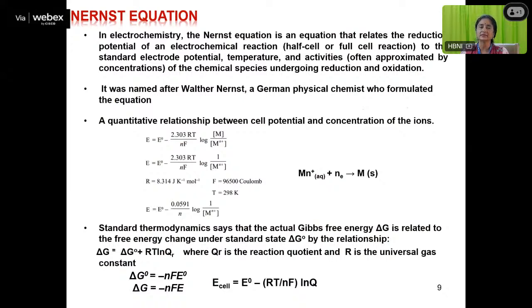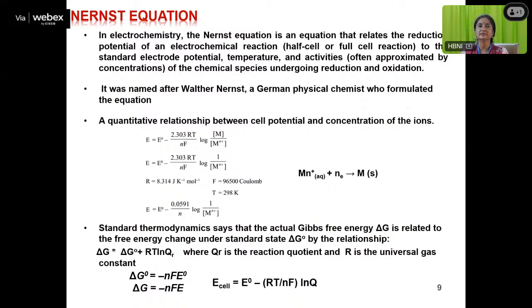Activity is normally taken as concentration, though we write activity everywhere, because for dilute solutions activity equals the concentration of the chemical species undergoing reduction and oxidation. The standard electrode potential is the electrode potential where all concentrations are 1 molar, in standard conditions. It was named after Walter Nernst, a German physicist and chemist who formulated the equation.